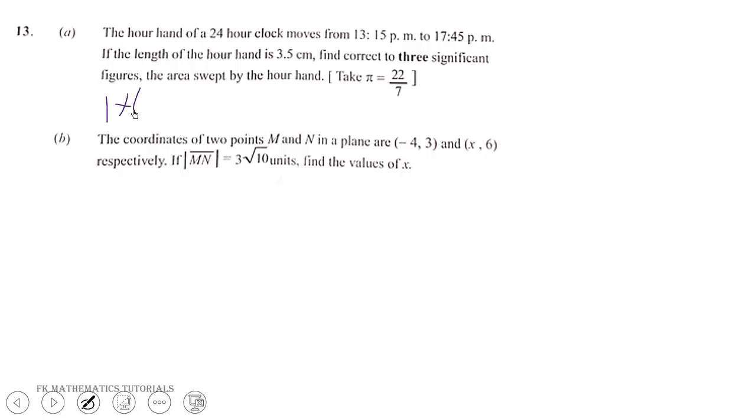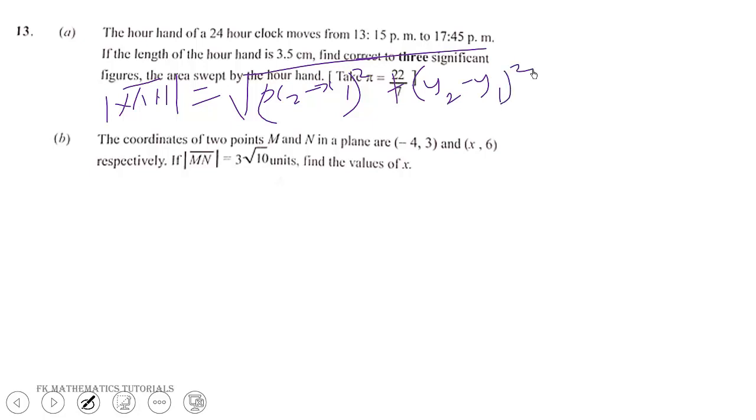So the magnitude of MN is given by the square root of (x2 minus x1) all squared plus (y2 minus y1) all squared.